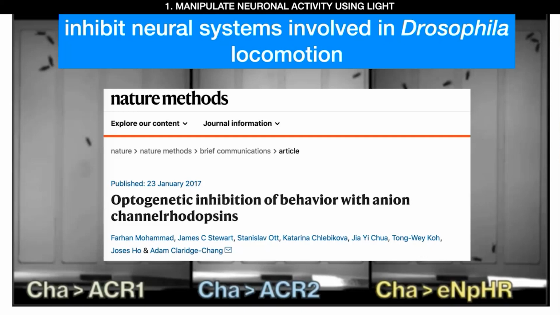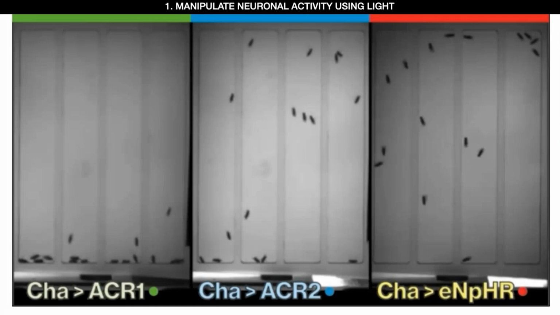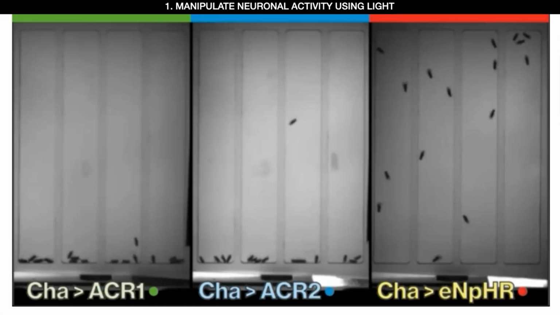They are inactivating a neuronal system using different types of inhibitory opsins, which you can find at the bottom here: ACR1, ACR2, and eNpHR. The main purpose of this paper is to understand which opsin is better for inhibiting this system.